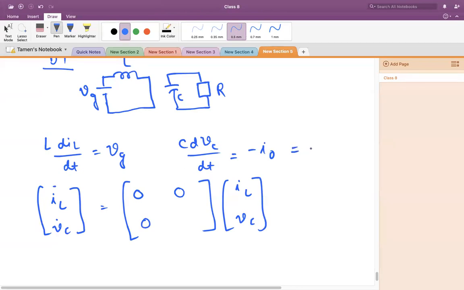Because this V naught will be equal to minus VC by R. So what can we write? One over C, minus one over R, in terms of VC.